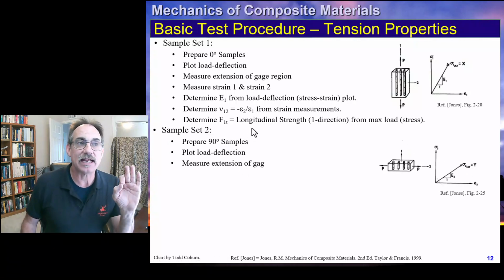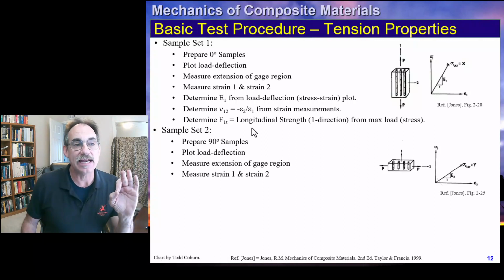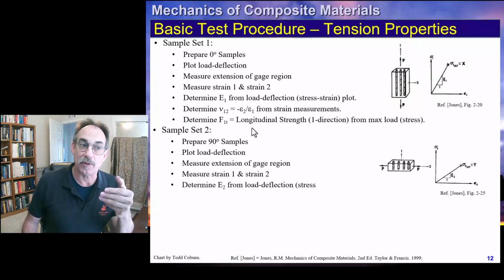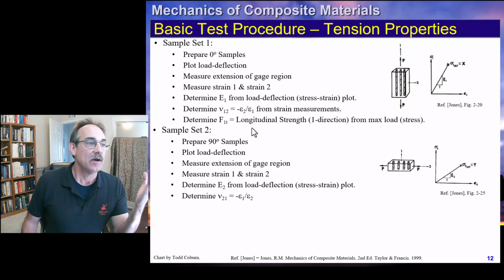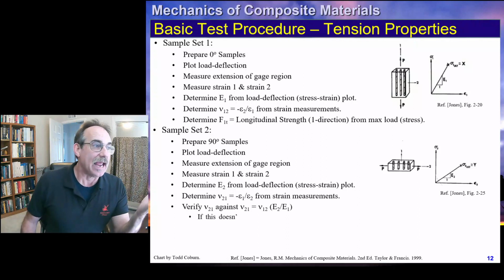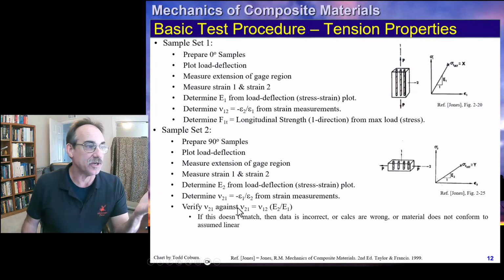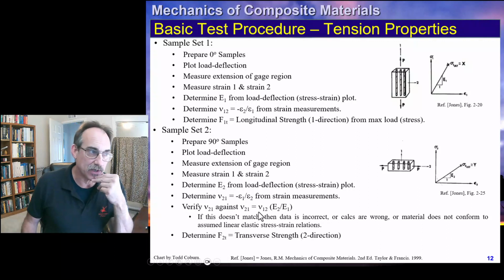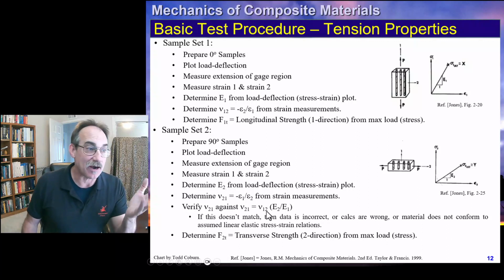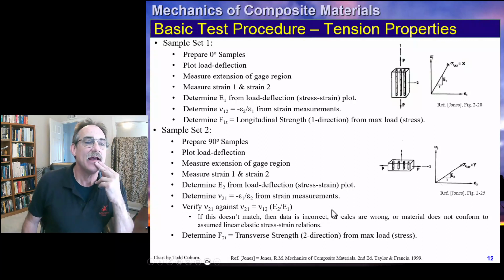We now take our second set of samples, which are loaded at 90 degrees. Now we're testing perpendicular to that, and we're going to do the same thing. This will give us our E2, and now we'll get our Poisson's ratio in the 2:1 direction, and we can verify that it's roughly satisfying this relation: V2:1, or Poisson's ratio 2:1, is equal to V1:2 times that ratio of the moduli.